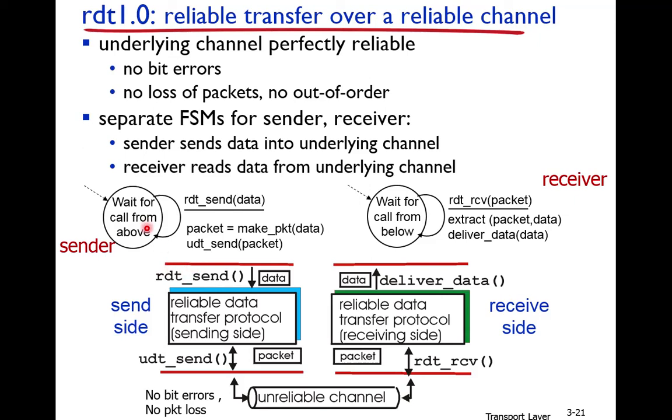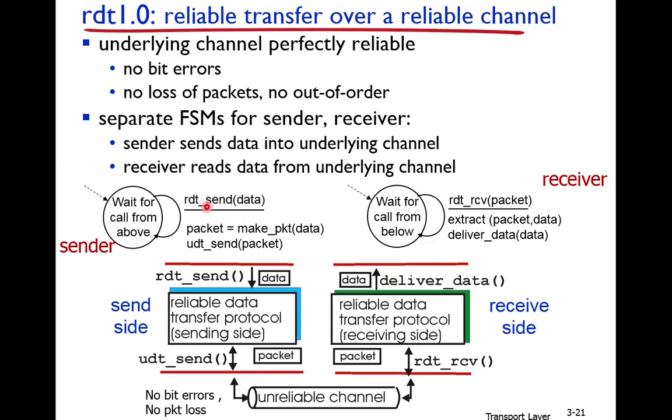Once RDT send is called, this event happens. RDT send means that the application layer sends the data to the transport layer. When the application layer sends the data to the transport layer, these are the actions.